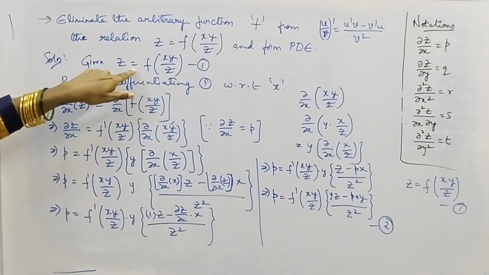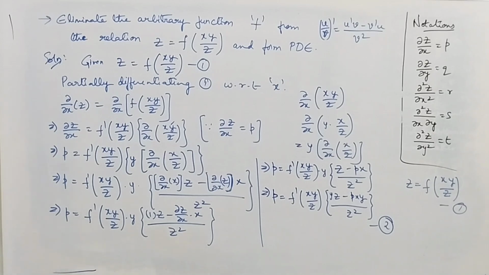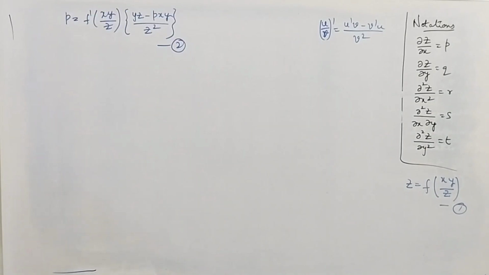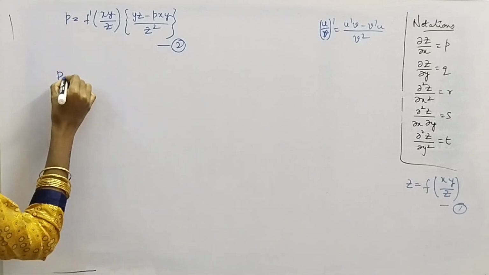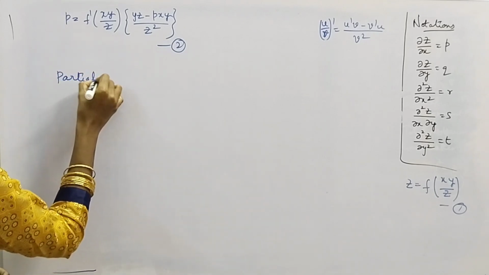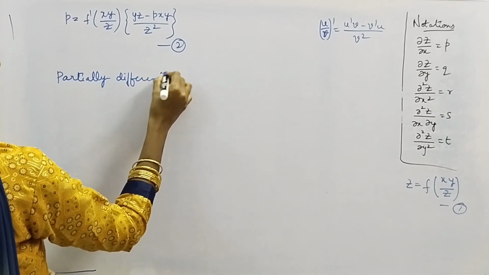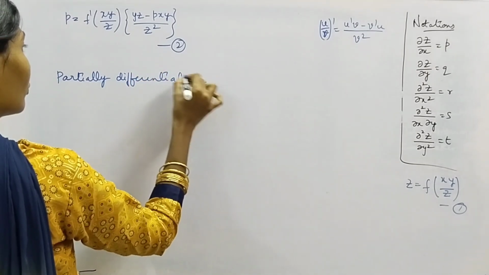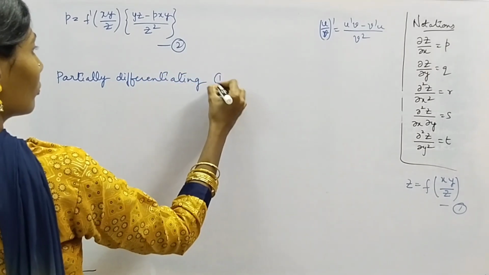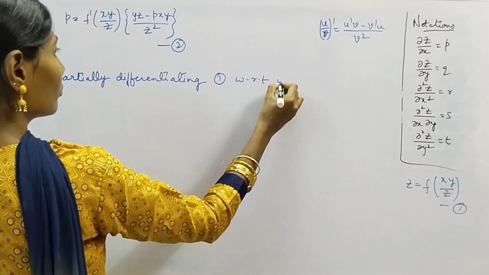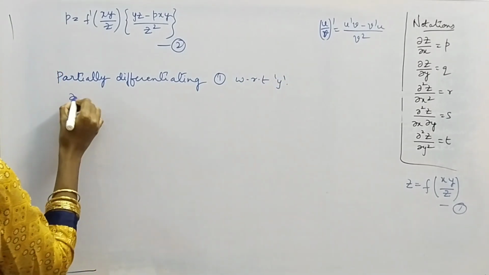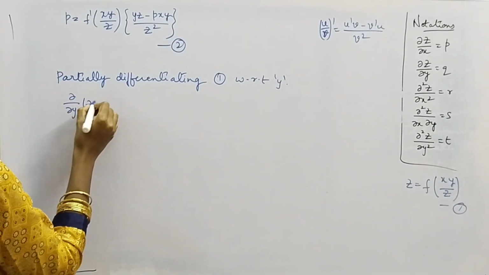Now let's partially differentiate 1 with respect to y. Partially differentiating 1 with respect to y, just apply dou by dou y on both sides of 1.